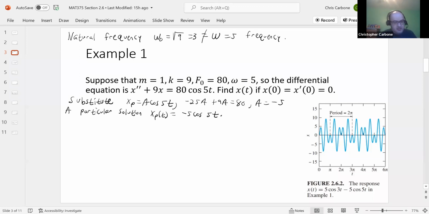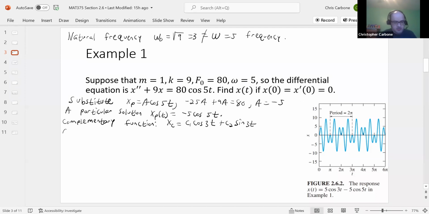The complementary function would be x sub c is c sub 1 times the cosine of 3t plus c sub 2 times the sine of 3t.